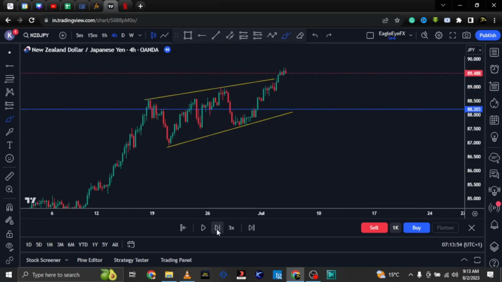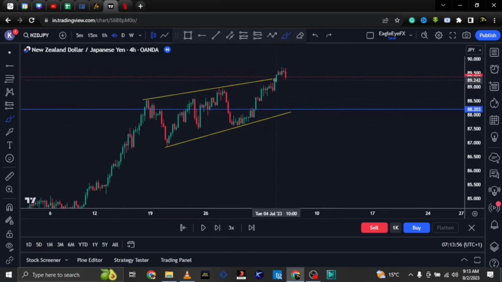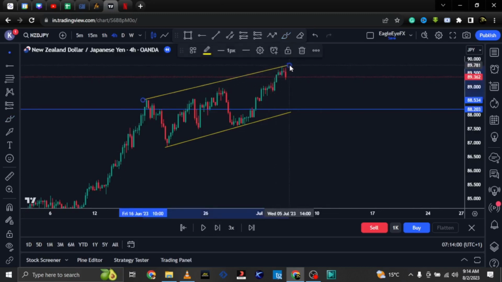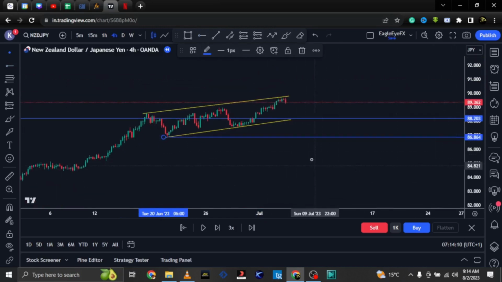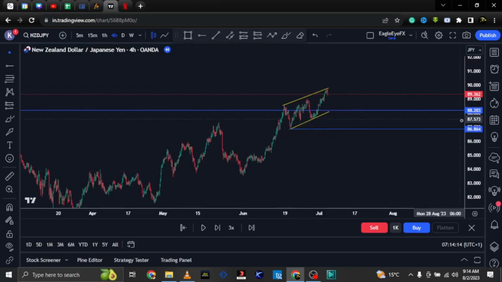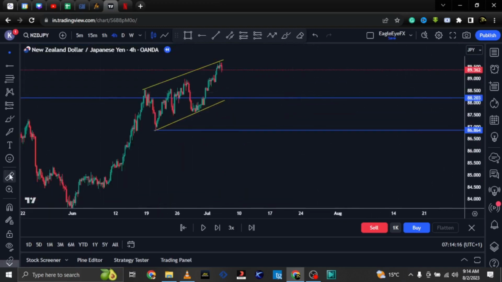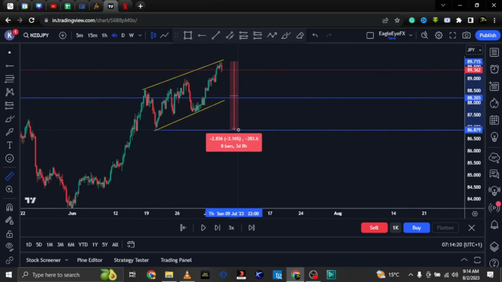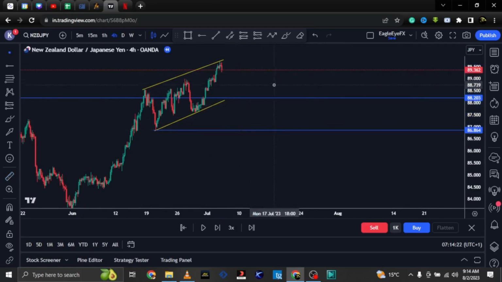And what happened, you can see that the market went up a bit. So of course you evolve with the structure. We have 1, 2, 3 touches, and now we are looking for moves to the downside. Of course this can be our first target. Even though the overall target is down here, this can be your first target. And it is a massive move of around 285 pips, which is not bad.